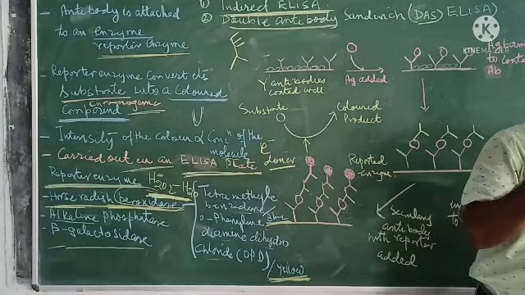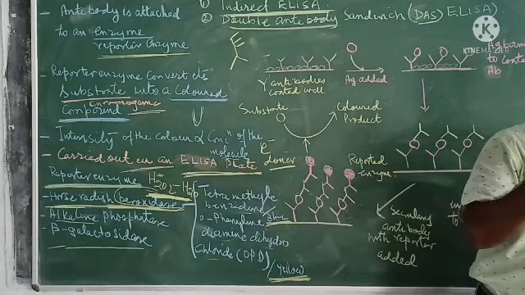So this will bind here. This is the FAB region and this is the FC region of the specific antibody. So that secondary antibody containing the reporter enzyme will bind by its FAB region to the FC region of the specific antibody present in the sample.